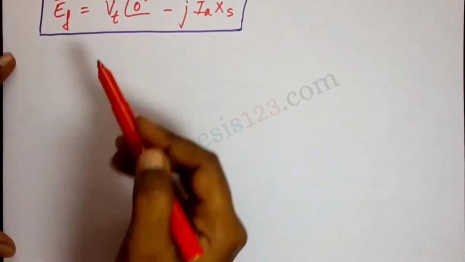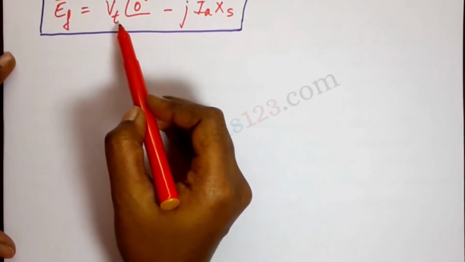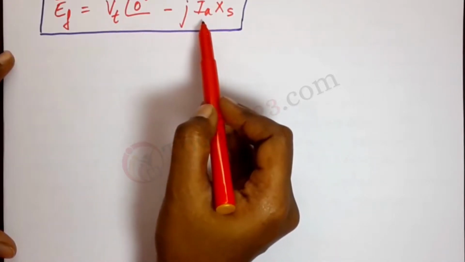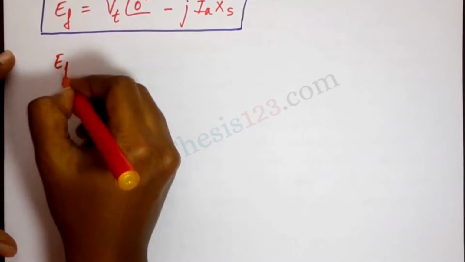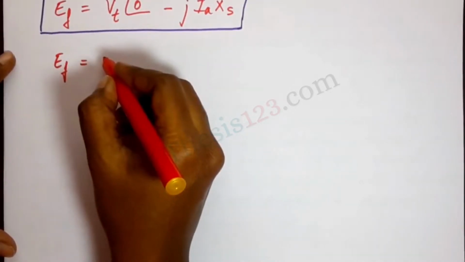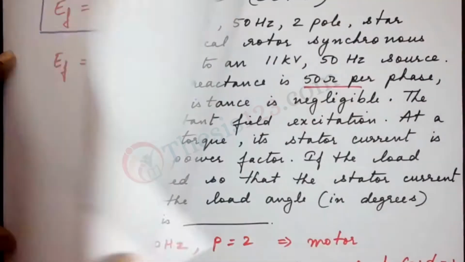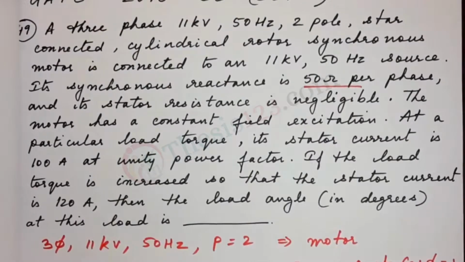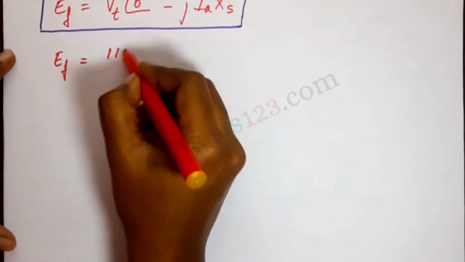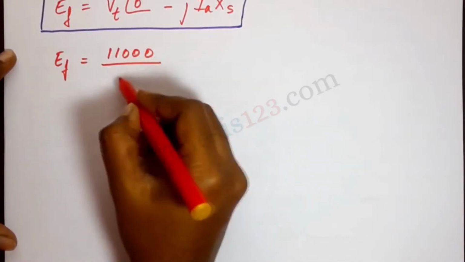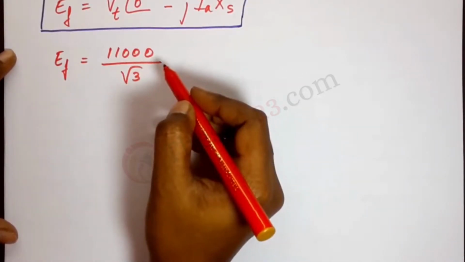Now let's enter the values of the voltage, the current and XS given to us. So EF would now equal to, what's our voltage given? The terminal voltage is 11 kV, 11,000 divided by root 3.